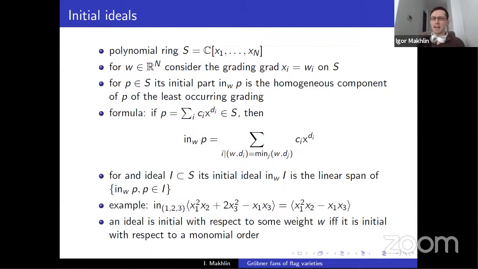All I want to say is that this definition is actually no less general than the other one. So these are two equivalent definitions. Everything you can obtain via real weights, you can also obtain via monomial orders, and vice versa.